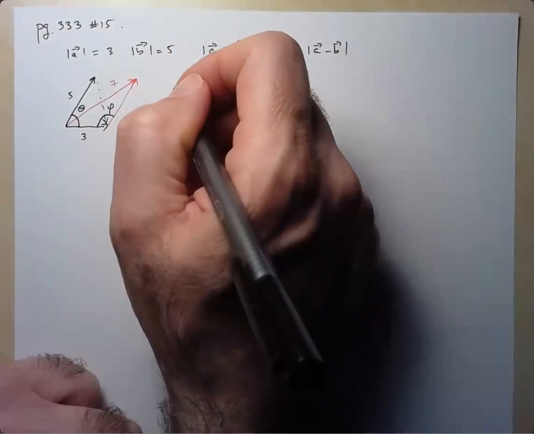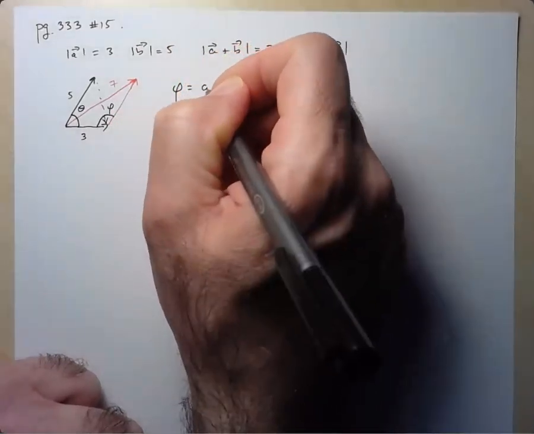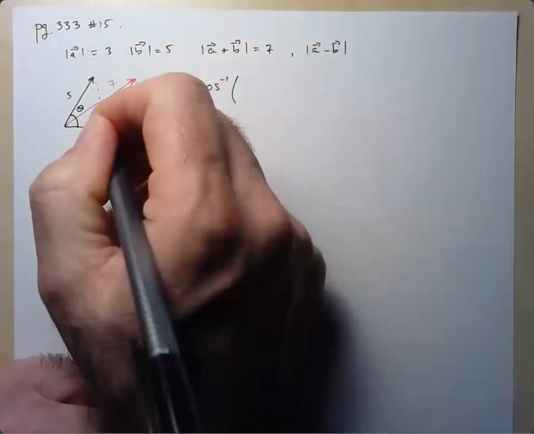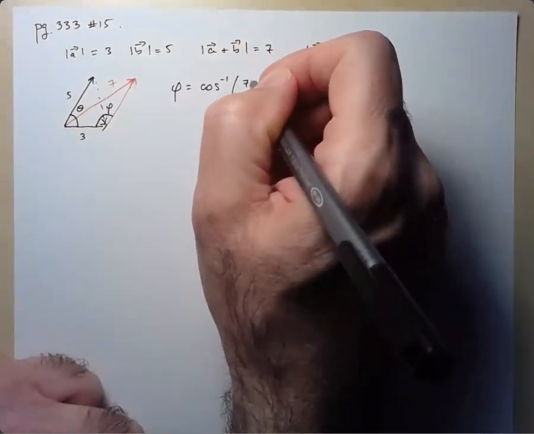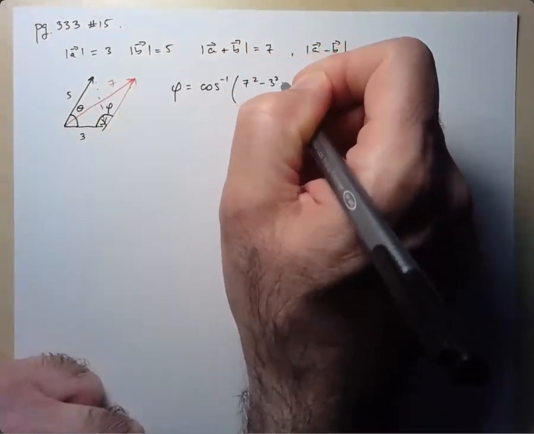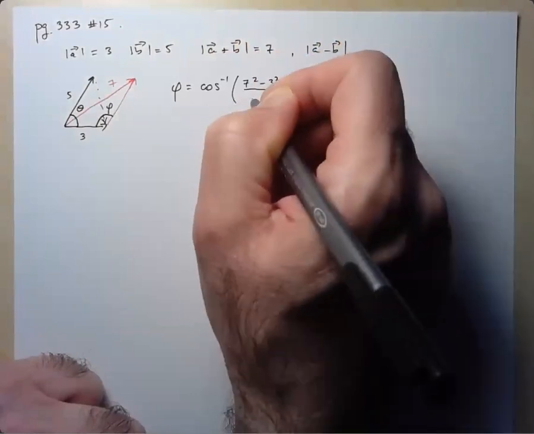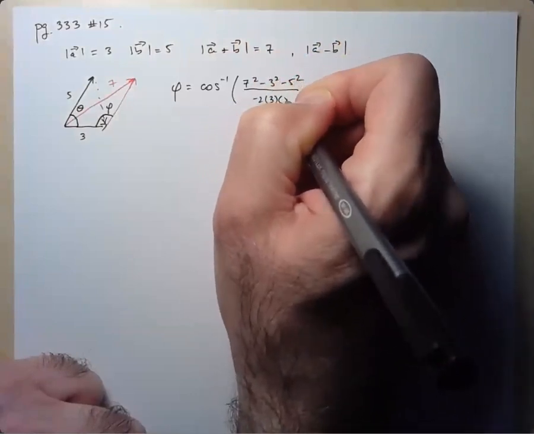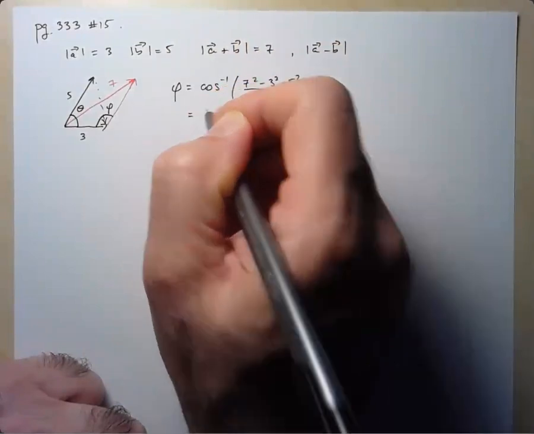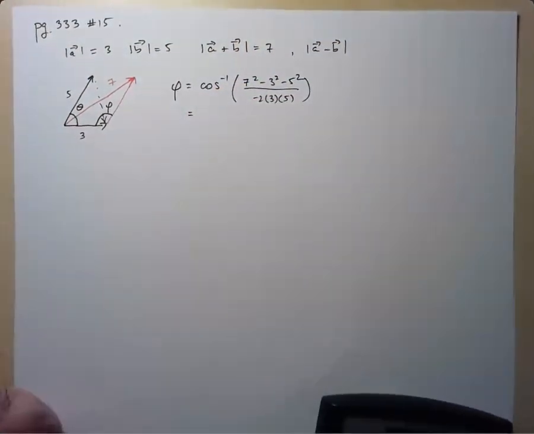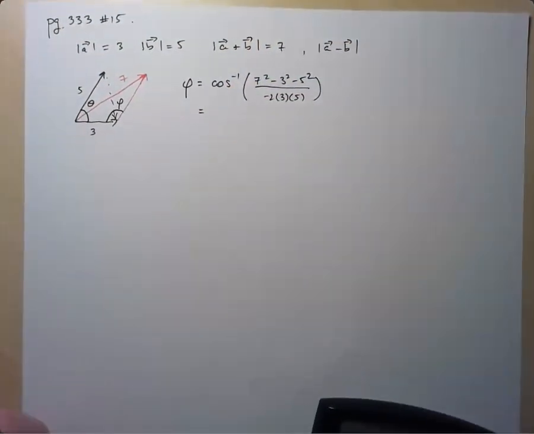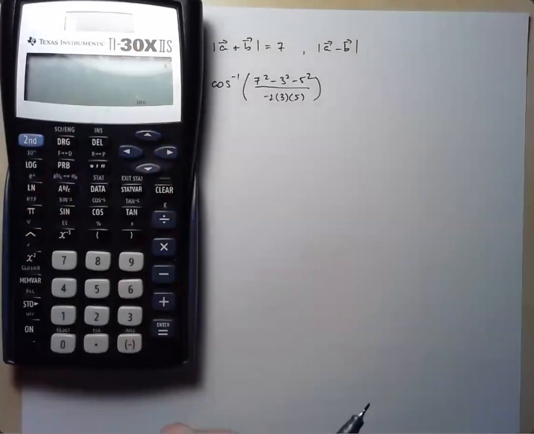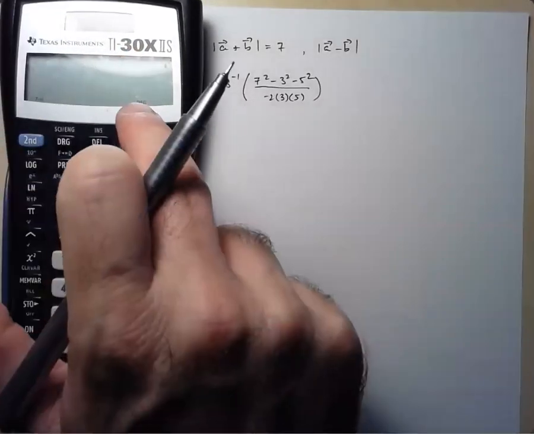To find phi, I'm just going to use the cosine law. So cos inverse of, its opposite side is 7, so 7 squared minus 3 squared minus 5 squared, all over negative 2 times 3 times 5. I'll make my life simple and do everything to 1 decimal place. Make sure you're in degrees.